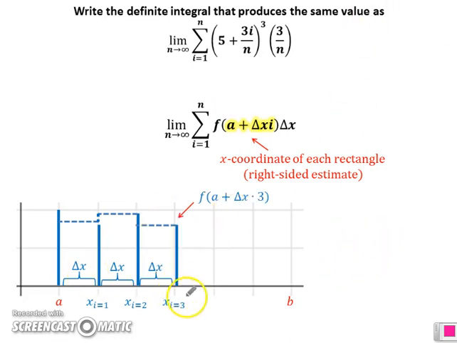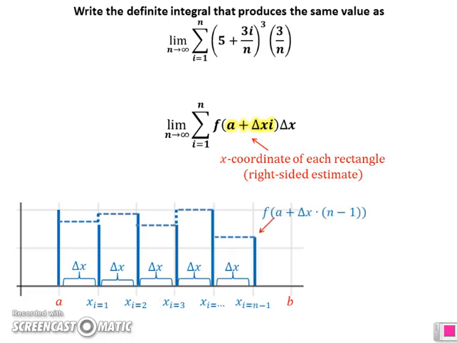When i equals 3, it's a plus 3 delta x's. And we keep going until we get to n, which essentially is infinity. This would just keep going forever and forever because this is really infinity. These are tiny, tiny little rectangles. It's pretty crazy, but that's the situation.